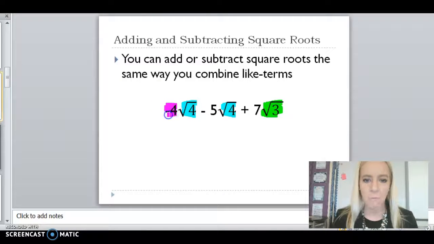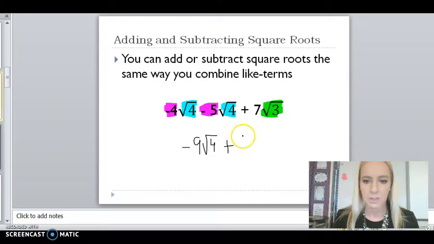So negative 4 minus 5 is negative 9 square root of 4 plus 7 square root of 3. Again, I cannot combine that term with the other two square roots because they are not like terms.